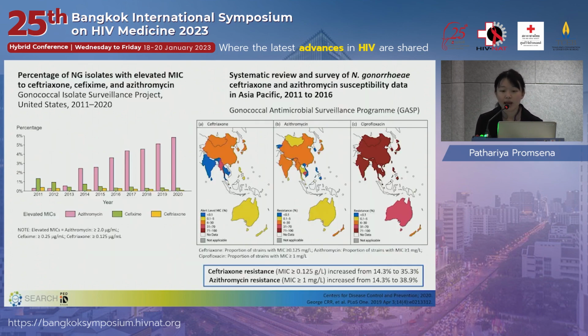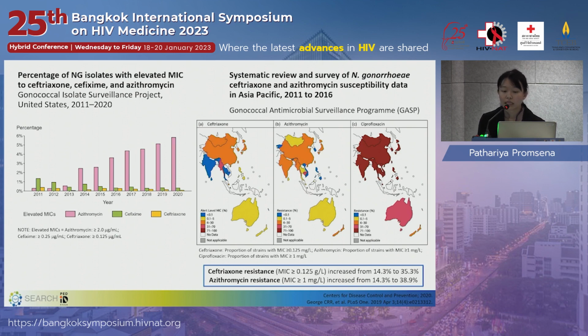And for the surveillance of gonorrhea resistance, on the left-hand side you will see the percentage of gonorrhea isolates with elevated MIC to ceftriaxone, cefixime, and azithromycin. You will see that azithromycin resistance in gonorrhea is an increasing concern. A systematic review and survey of gonorrhea susceptibility data show the increased MIC from 14 to around 30% in both ceftriaxone and azithromycin.